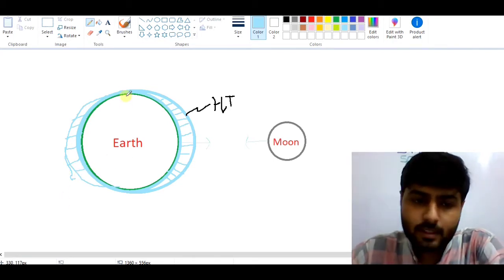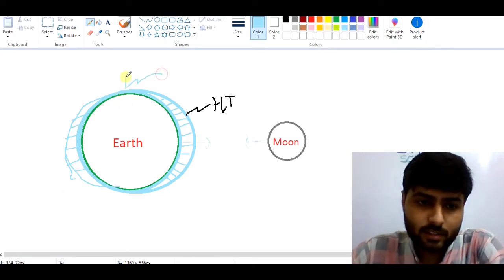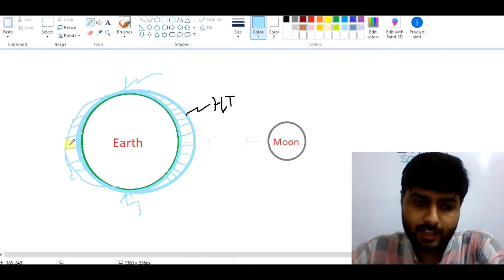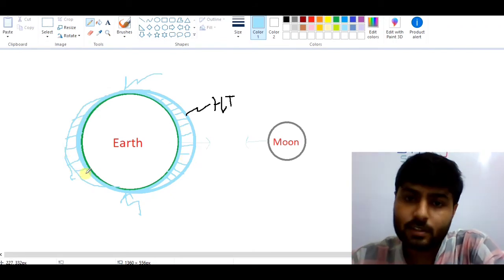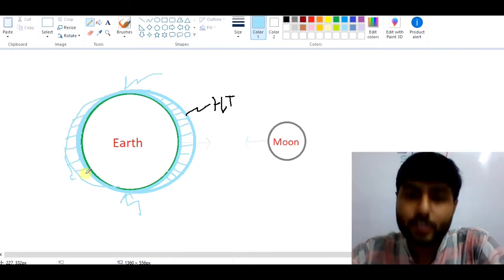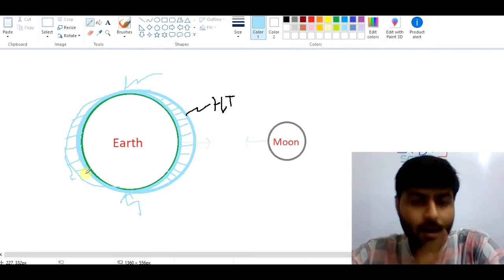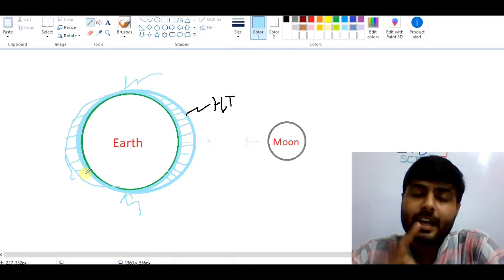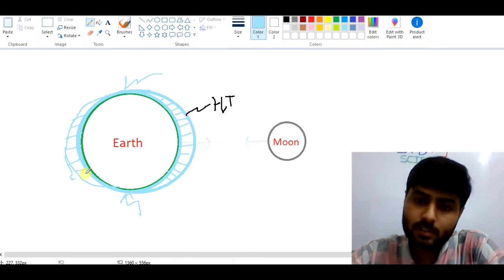At this time, these two surfaces have low tide, and these two surfaces have high tide. So we generally have two high tides and two low tides in 24 hours.